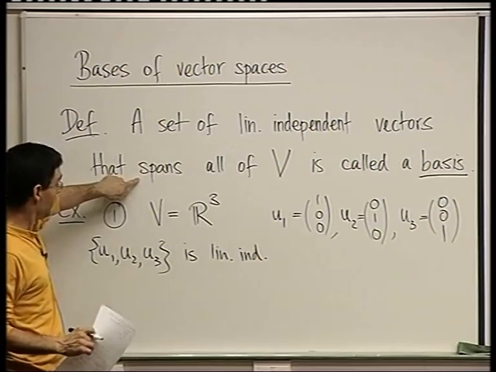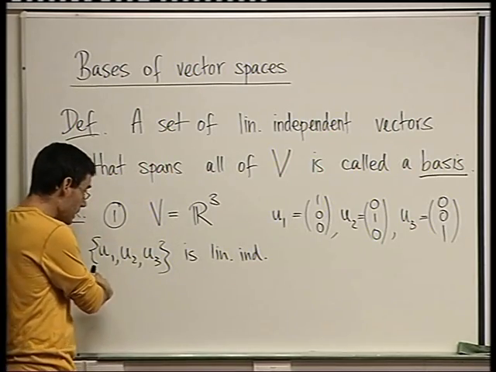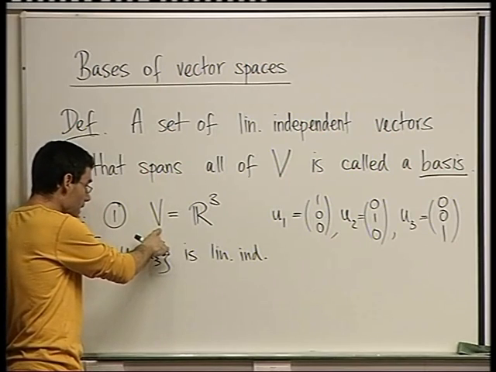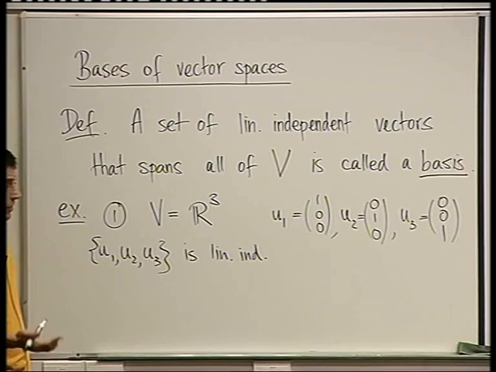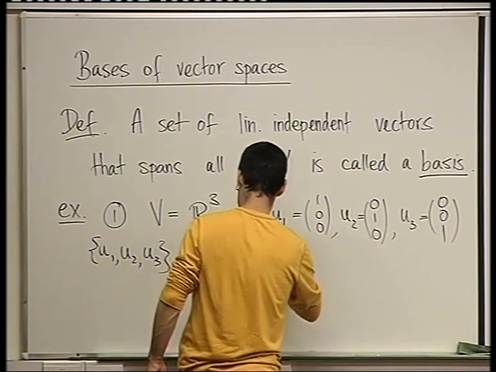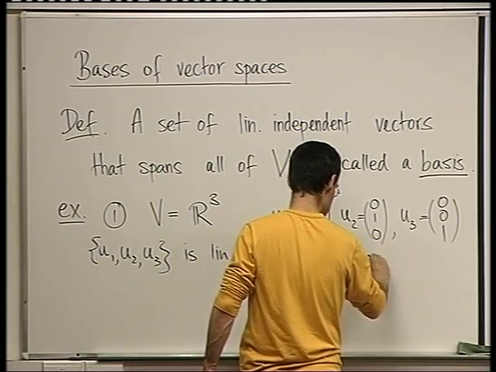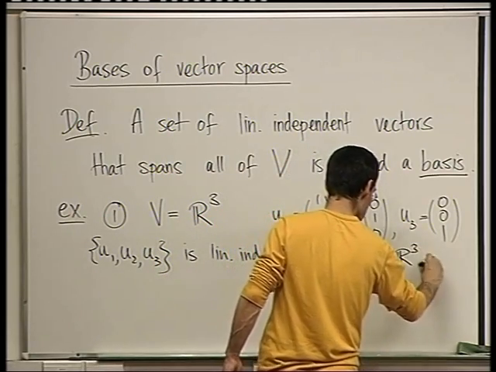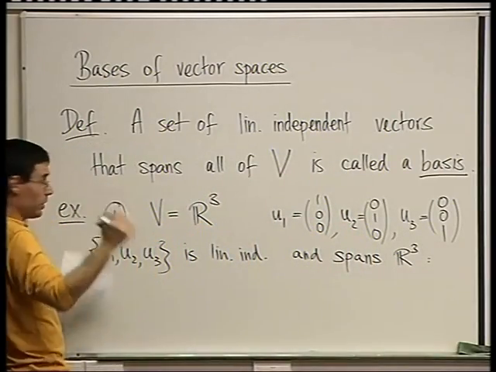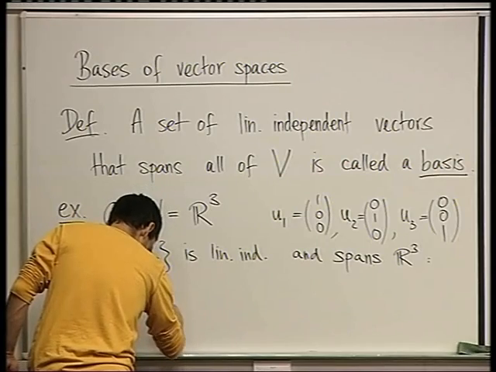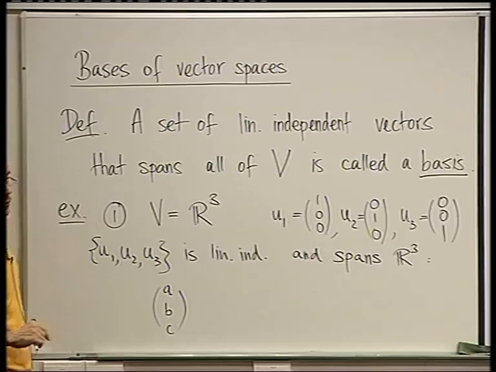Now we have to check, does it span all of R3? Is the span, can any vector in R3 be written as a linear combination of these three guys? And this is easy. So it is linearly independent and spans R3. Why does it span R3? Let's take any vector in R3. It's going to be of the form some A, some B, and some C. This is a general vector in R3.